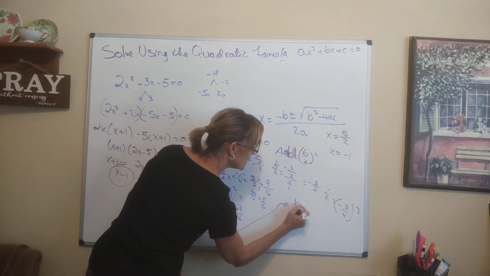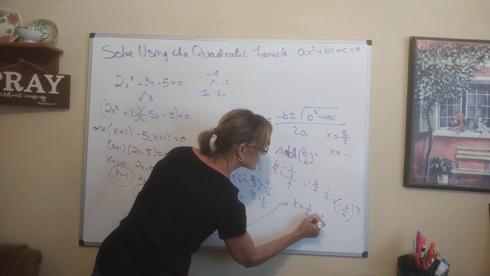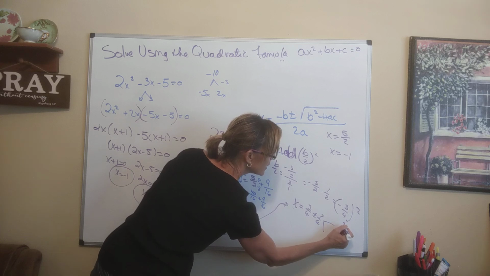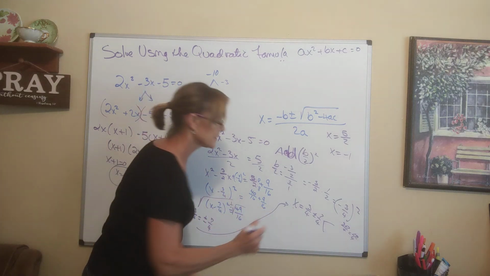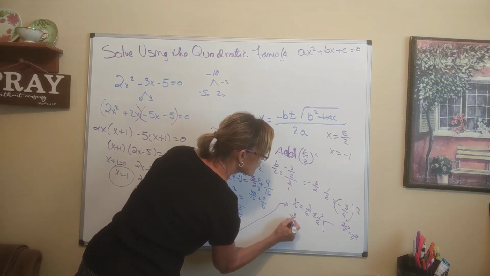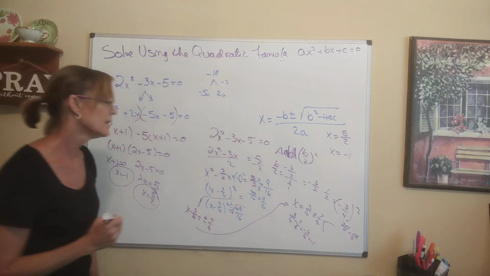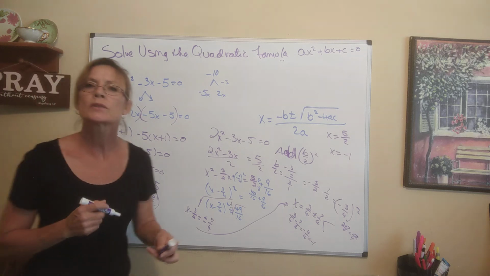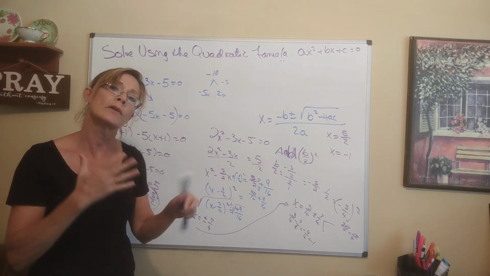X is 3/4 plus or minus 7 over 4. 3 plus 7 over 4 is 10 over 4, which is my 5/2. 3 over 4 minus 7 over 4 is negative 4 over 4. This is my negative 1. So you get the same answer whichever method you choose to do it, although I will test you on knowing all of the methods.